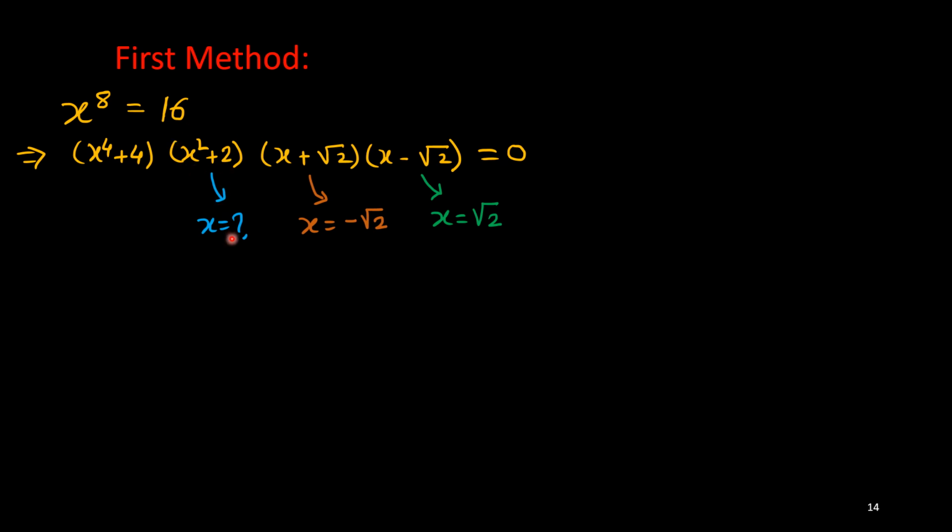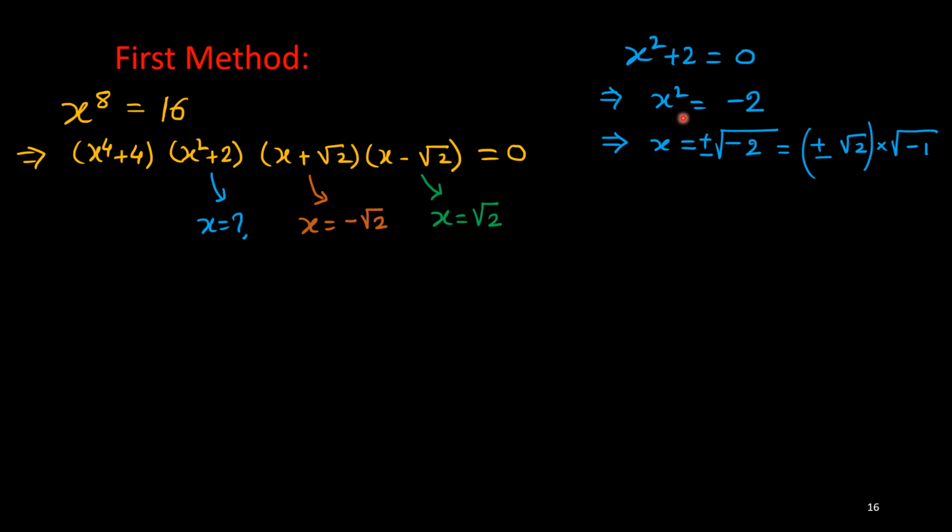So what are the solutions? We can solve the equation x squared plus 2 equals 0. Now, x squared we consider as minus 2. Thus x equals plus or minus square root of minus 2, so we get two solutions, one positive and one negative. Now square root of minus 2 we can rewrite as square root 2 times square root of minus 1.